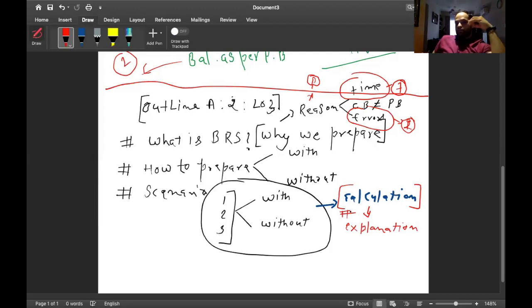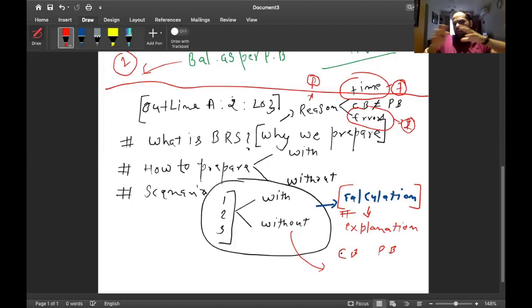If you are preparing with cash accounts only, which I guess is the with method, and without cash accounts, in both types of methods your explanation is going to be different, right? So make sure you explain the way that I already explained to you, as cash book and passbook.